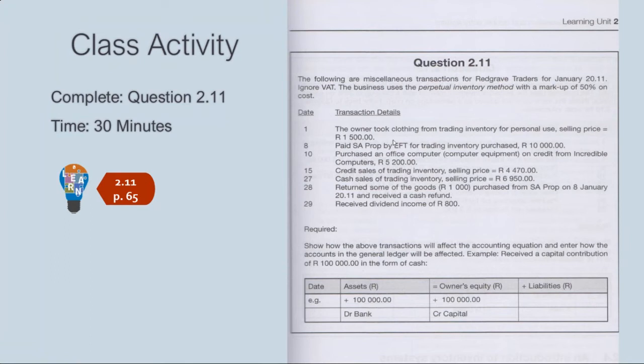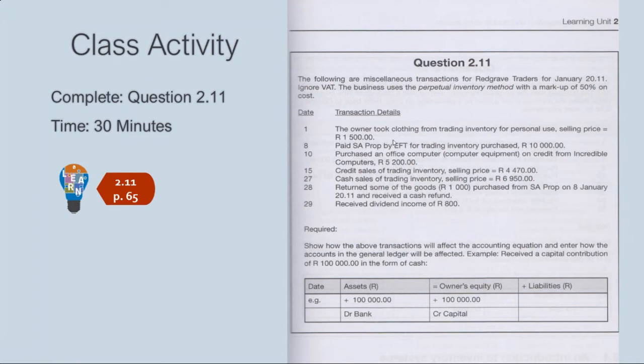At what value do we take that inventory that the owner has taken out? Do we take it out at the sales value or the cost? When an owner takes something out of the business, will he take it out at the sales value or the cost?